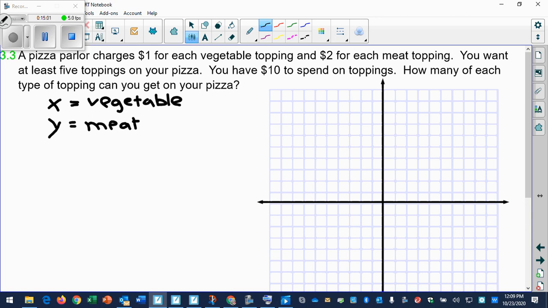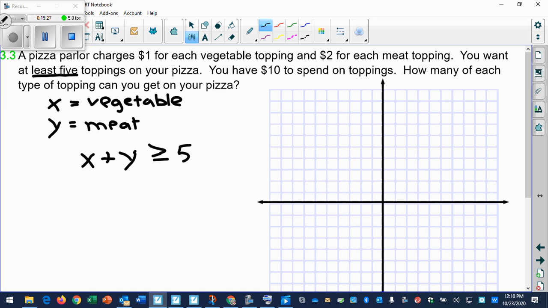Okay, so what is one inequality? Taylor, see if you can give me one inequality that relates the vegetables and the meats based on my restrictions here. It says you want at least 5 toppings, so the number of vegetable toppings plus the number of meat toppings is greater than or equal to 5.